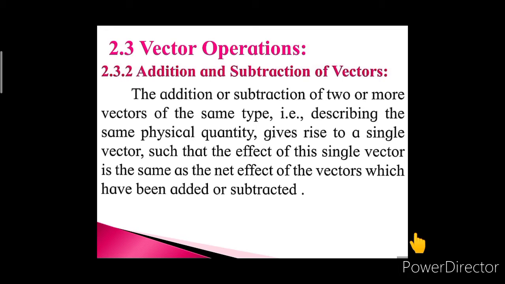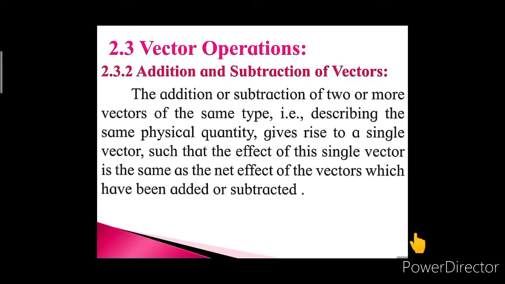The addition of two or more vectors must take place between vectors of the same type. That is, only the same physical quantities can be added and subtracted if the physical quantity is a vector quantity. Hence, the addition of two or more vectors of the same type gives rise to a single vector only, which is called the resultant vector, having the same effect as the given vectors which are added.